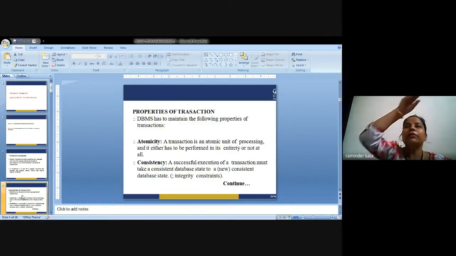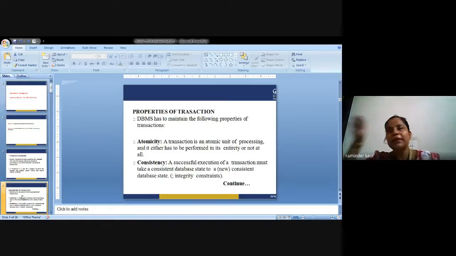Consistent database means after step A I perform step B, and after step B I perform step C. There is a continuous flow of exchange of information between the processes, and after the first step the second is about to happen, and after the second step the third is about to happen. It cannot be the case that I am performing operations for account A and in between I start the operations for account B.